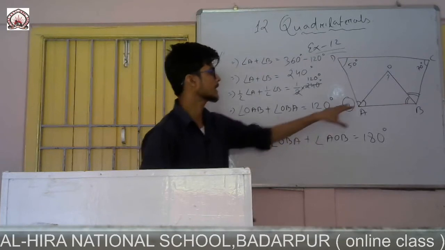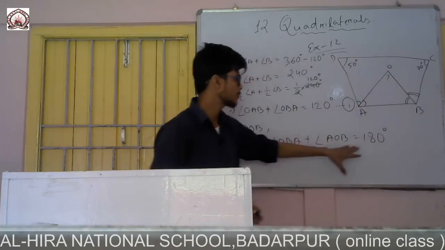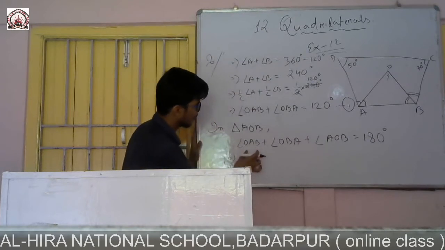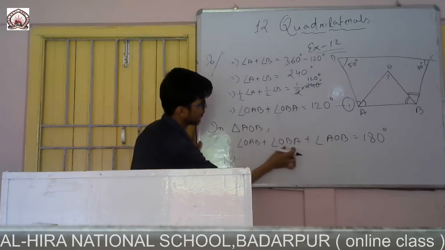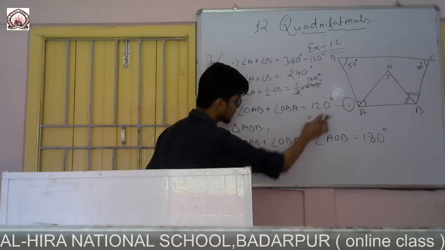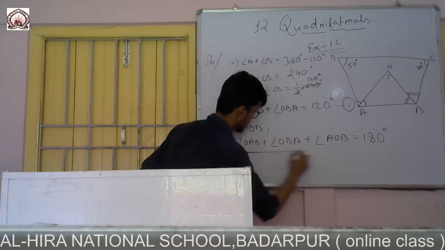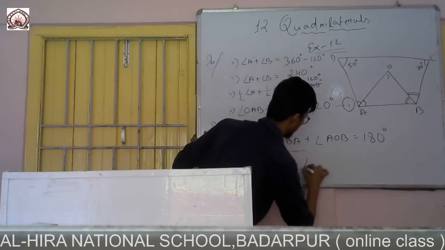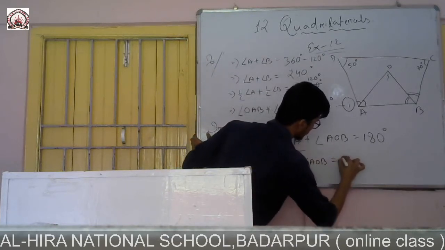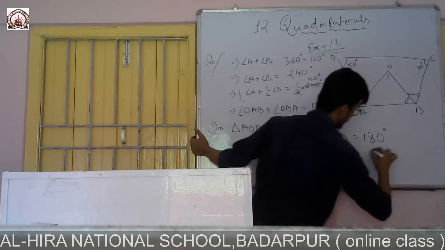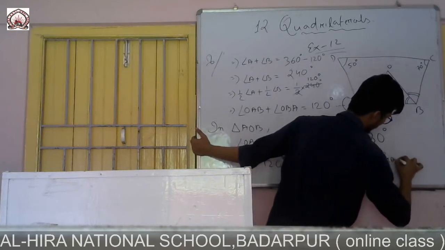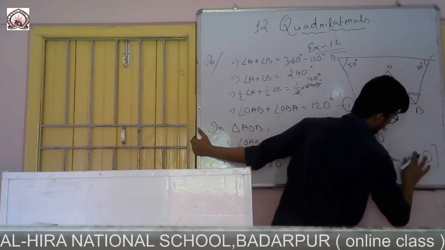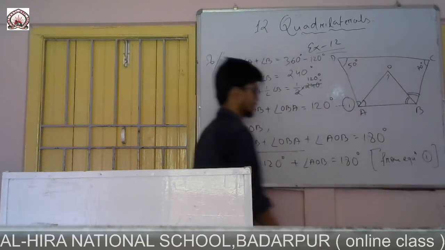The sum of the three angles of a triangle is equal to 180 degrees. So you see here OAB plus OBA equals 120 degrees. Simply in place of these two values I can write 120 degrees, and there is left angle AOB, which is equal to 180 degrees. You write, from equation 1.